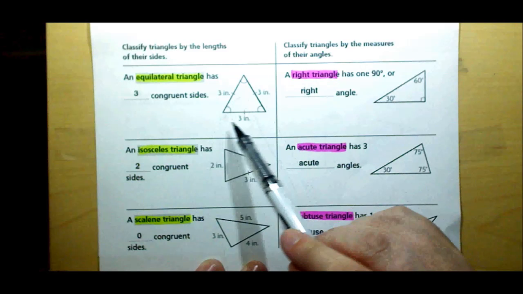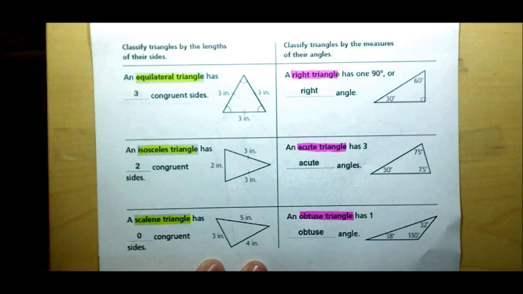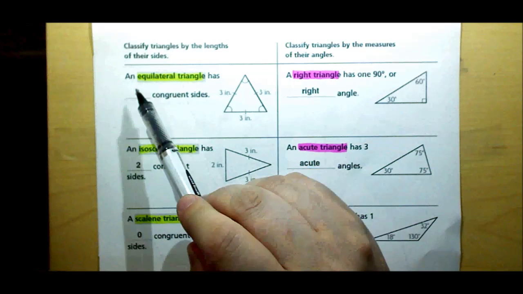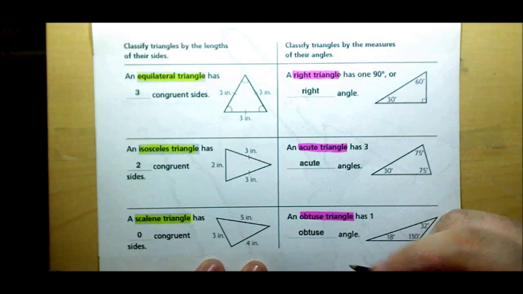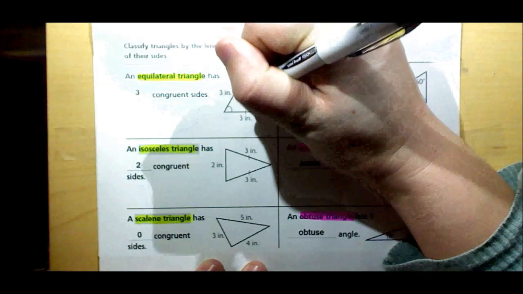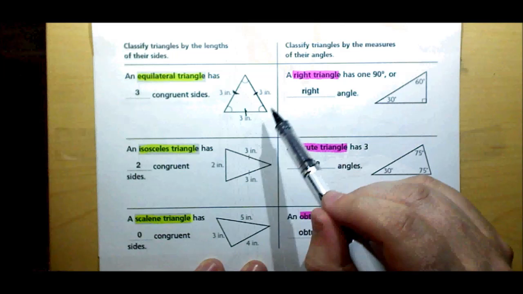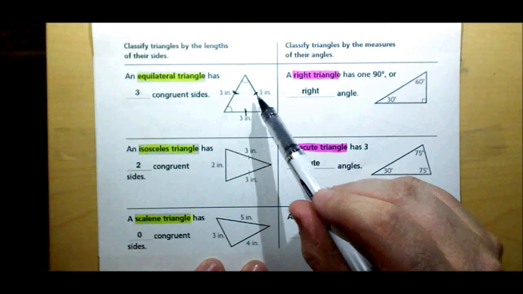If a triangle has three equal sides, all the sides are congruent, then it is an equilateral triangle. You can tell that sides are the same length by these little tick marks here. Even if it didn't say 3 inches, 3 inches, 3 inches, you would see that these are all the same.